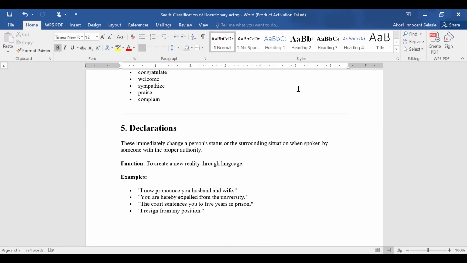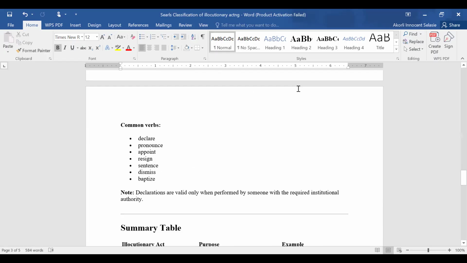The court sentenced you to 5 years in prison. I resign from my position. Common verbs: declare, pronounce, appoint, resign, sentence, dismiss, baptize.